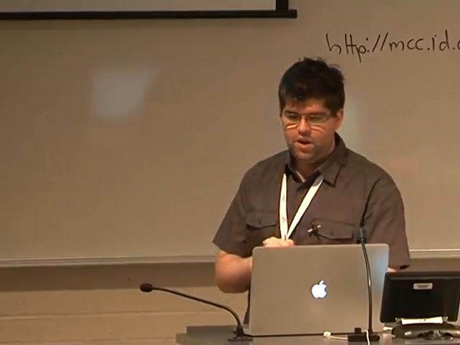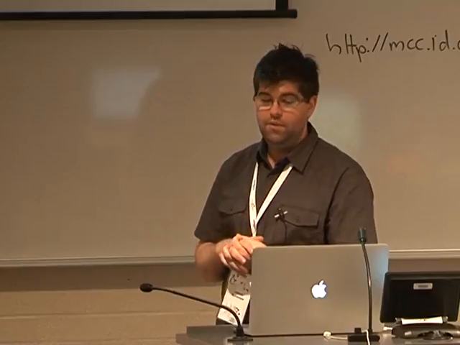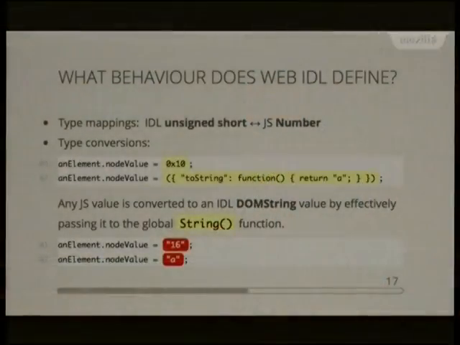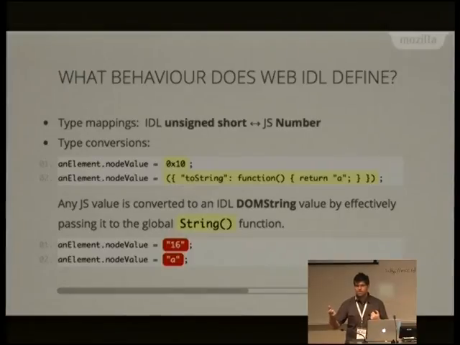So let's have a look at the kinds of behaviours that WebIDL does define. So firstly, and maybe most fundamentally, it defines the type mapping between the types that the IDL language has, like unsigned short, and how they need to be exposed in JavaScript as a number value. So JavaScript doesn't have different width integer types, it's only got number, which is a double precision floating point number.